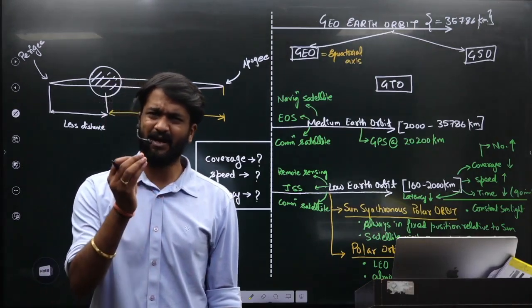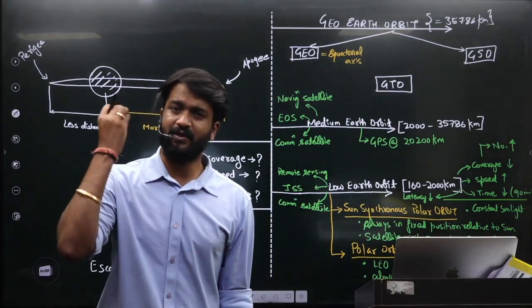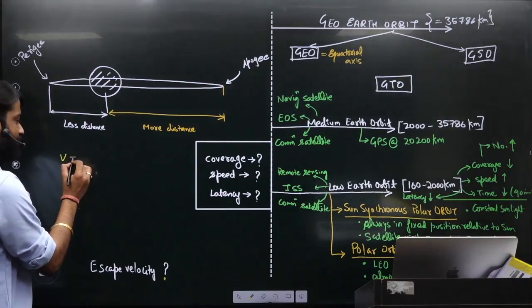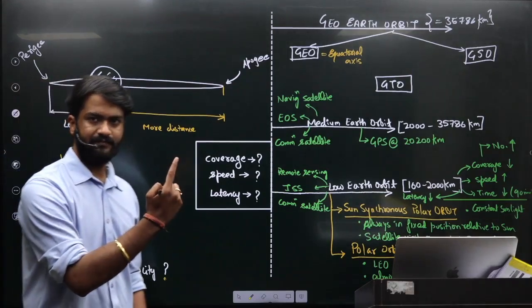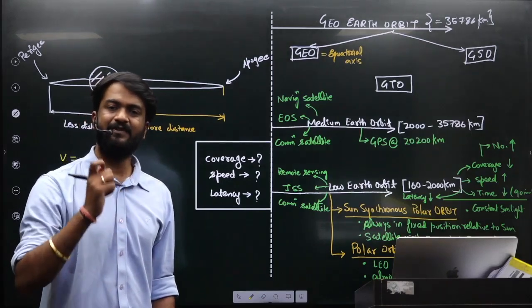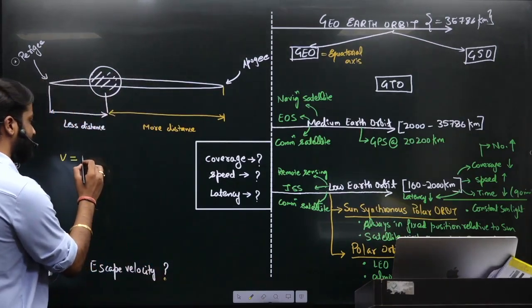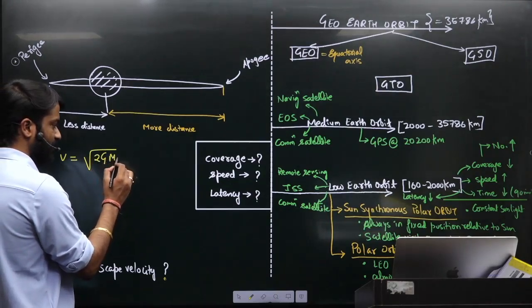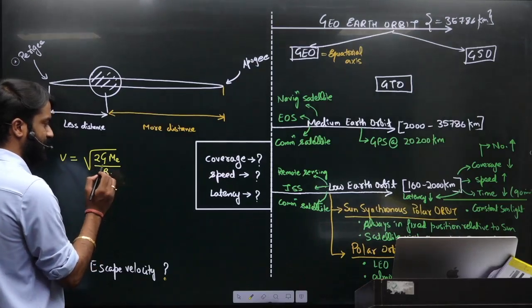If you don't know, this is part of the physics which you can definitely ignore. The velocity at which an object revolves around the earth is the square root of 2 times the gravitational constant times the mass of the earth upon the radius.